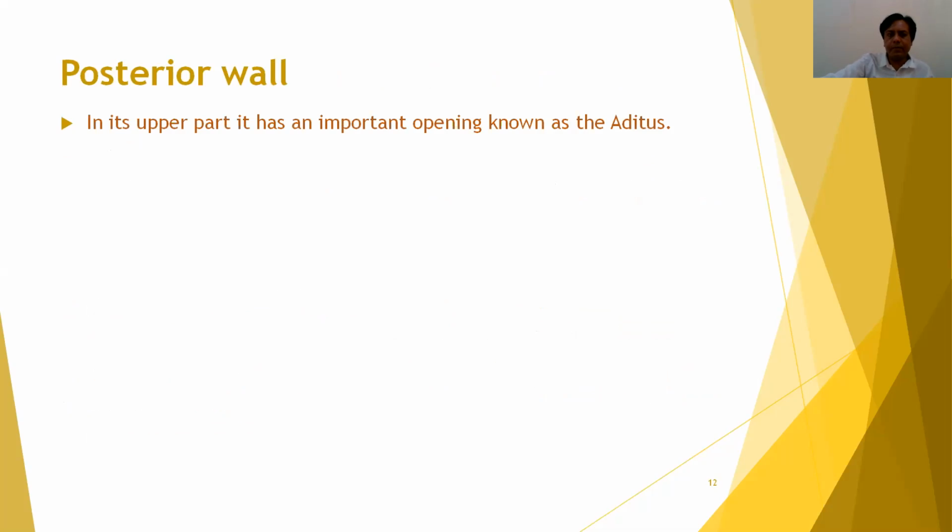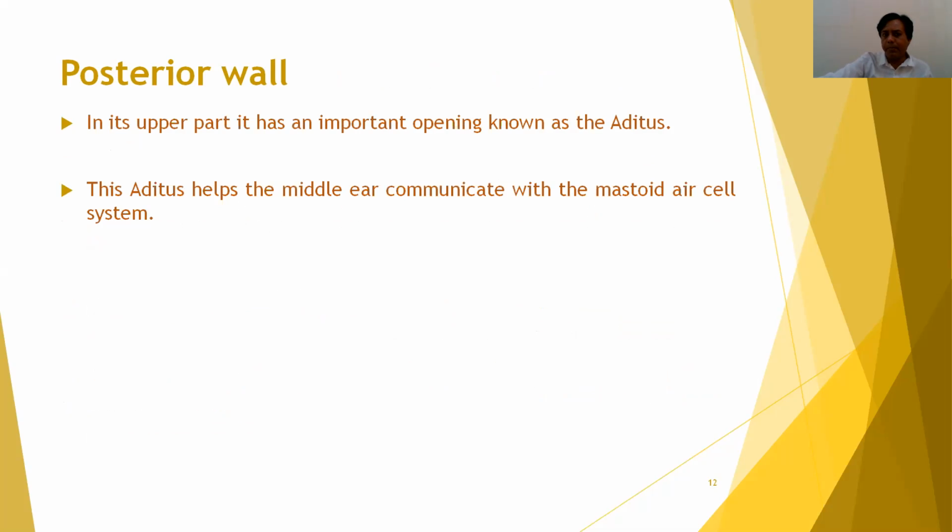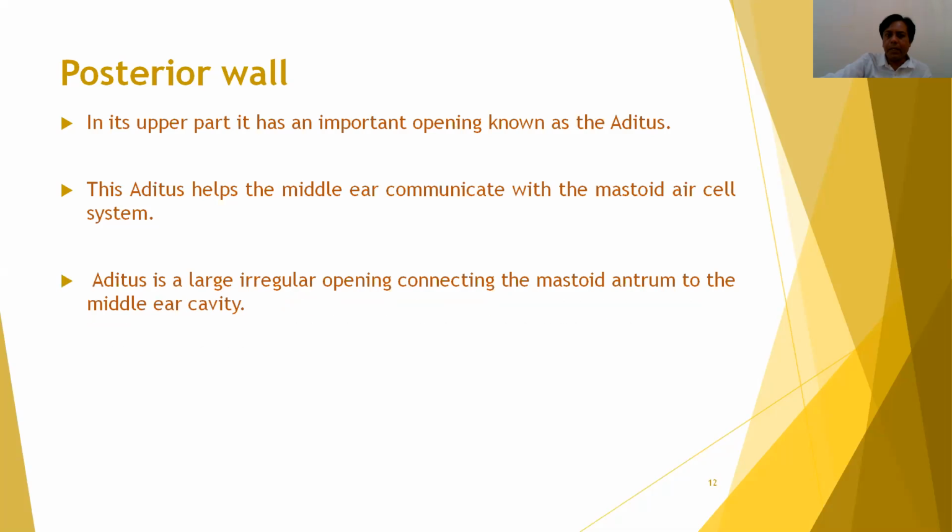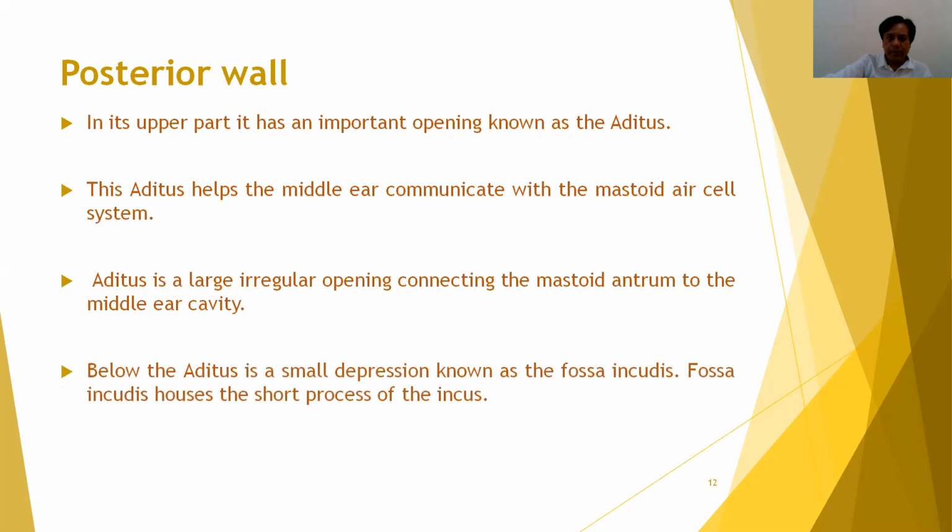And posterior wall, in its upper part, it has an important opening known as aditus. This aditus helps the middle ear communicate with the mastoid air cell system. Aditus is a large irregular opening connecting the mastoid antrum to the middle ear cavity. So it is an opening which connects middle ear cavity को mastoid antrum से connect करती है. Below the aditus is a small depression known as fossa incudis.